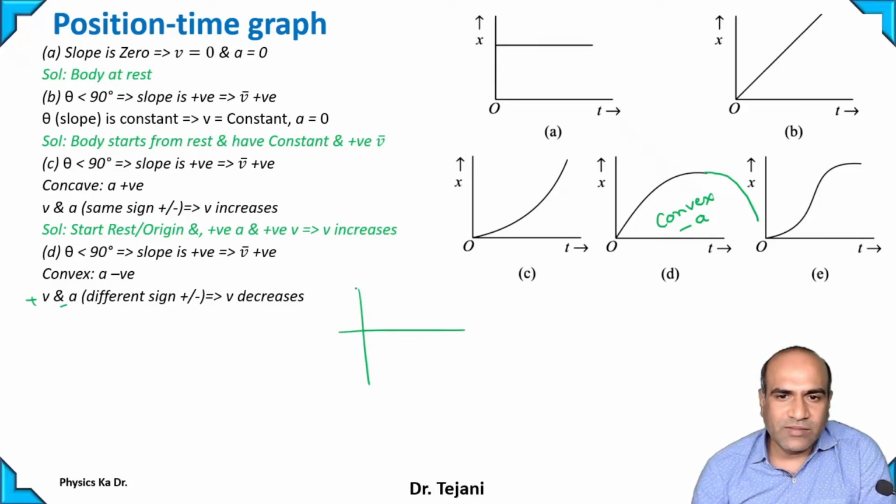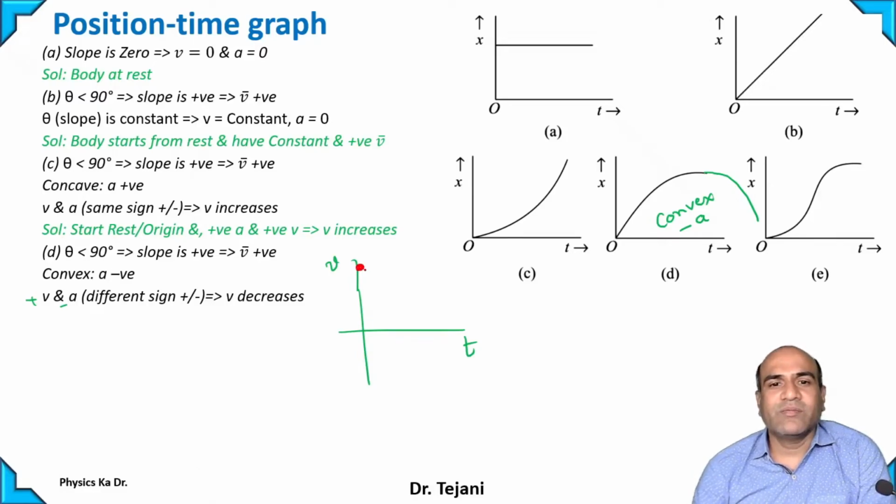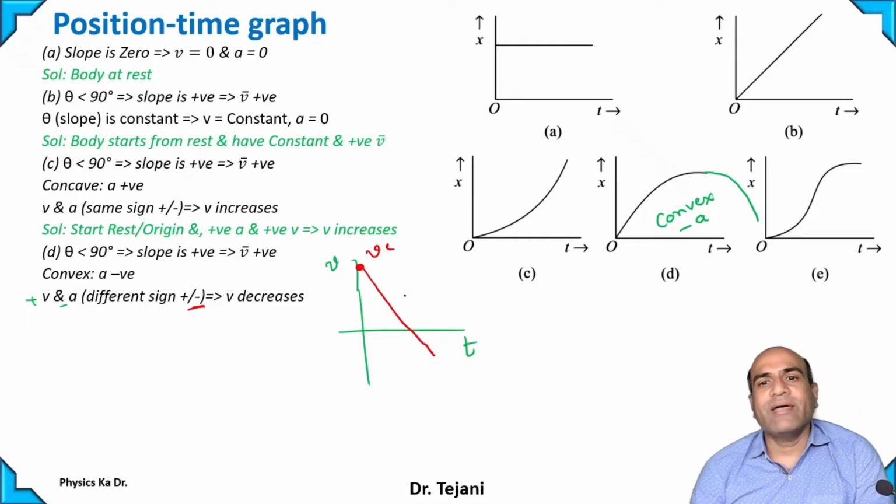Say, for example, in the graph of v and t, velocity may start from here, positive. But acceleration is negative. That means velocity decreases with time because of negative acceleration.